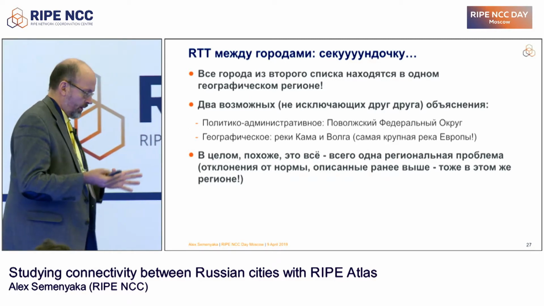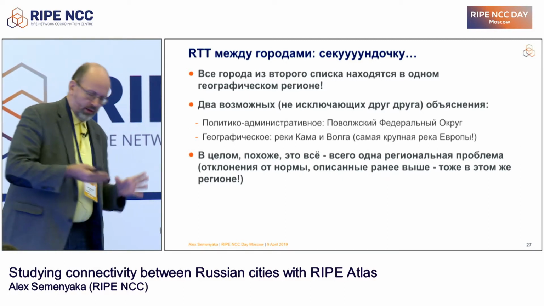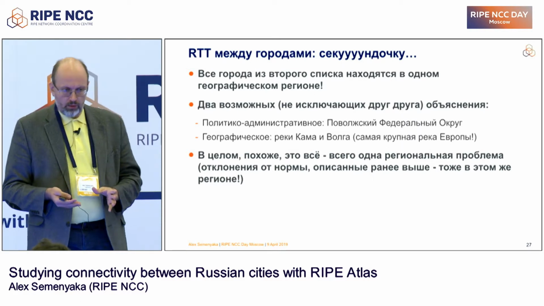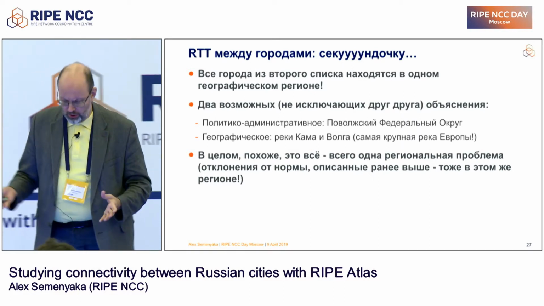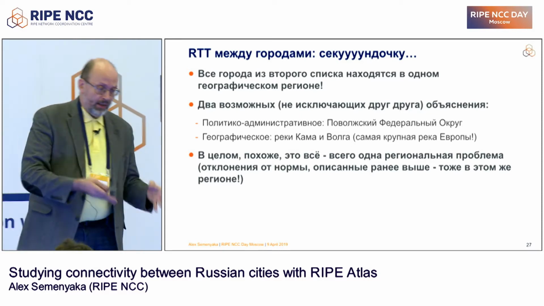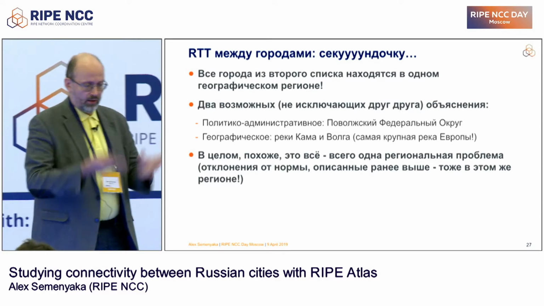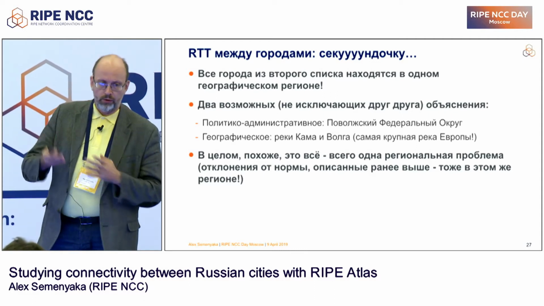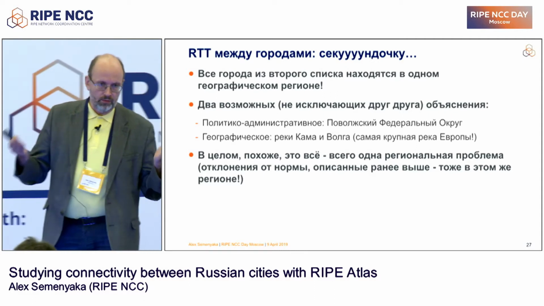There are two explanations for this regional anomaly. You can explain it through politics and administrative factors, or maybe it's the historic legacy of this region. Or maybe it's because of the actual geography.